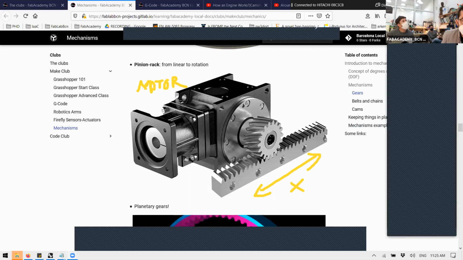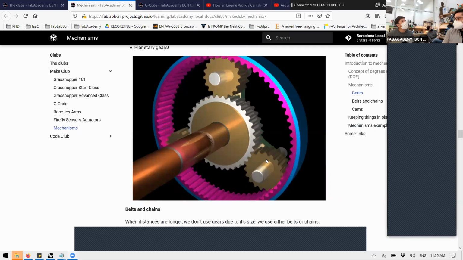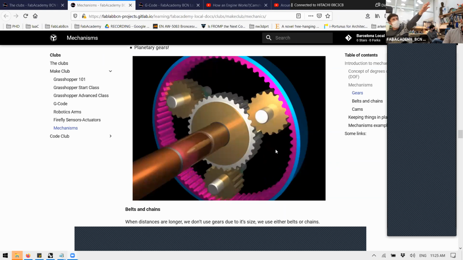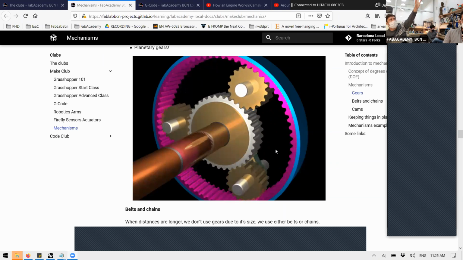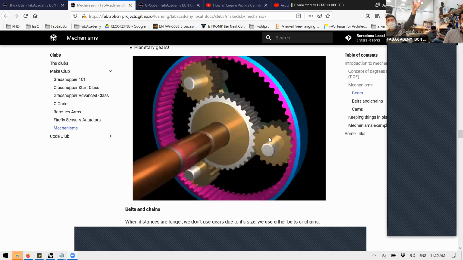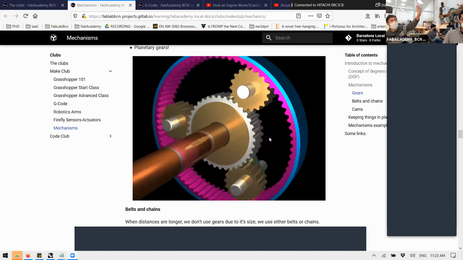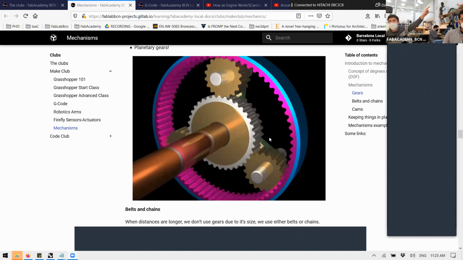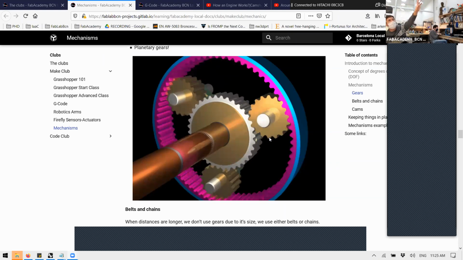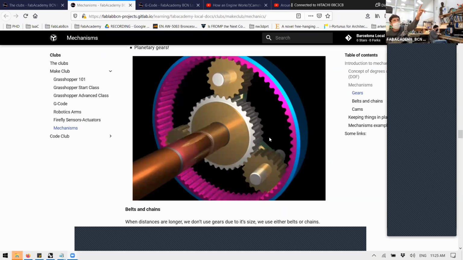Let's clean all drawings. Let's go down a little bit. We have the planetary gears. Yeah, this is a little more complex. I recommend that you have a look at some videos of these things, but basically it's a mechanism that combines 2 steps of gears, and by fixing certain components or putting certain constraints on the different components, you get different results.